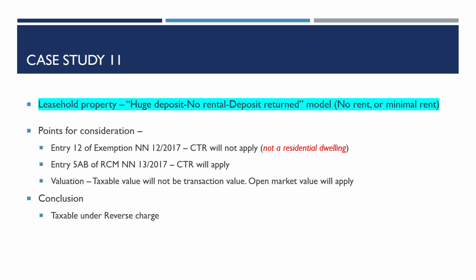So to arrive at the open market value, can we consider notional rent as one of the values? No, I'm only saying, first let us decide there is a supply. Then we will decide the valuation of the supply. If supply itself is not there, then where is valuation? This is what is happening with corporate guarantee. There is no supply. They have come out with a valuation mechanism for it.